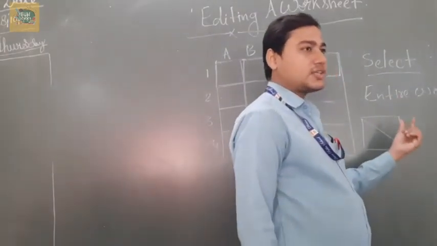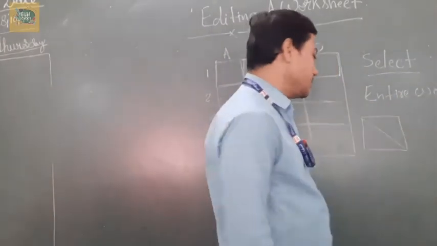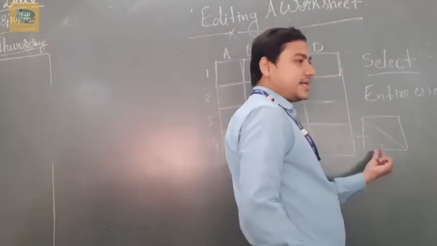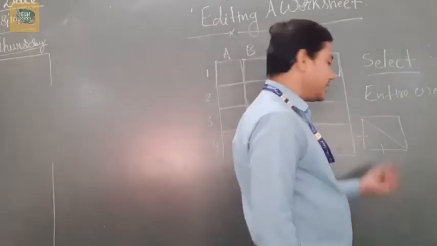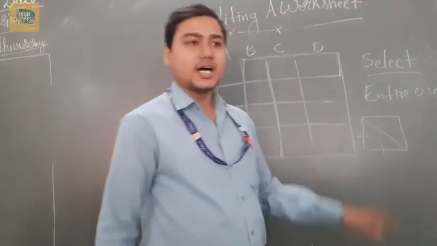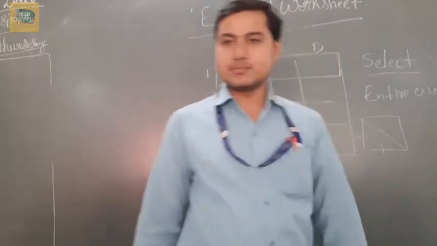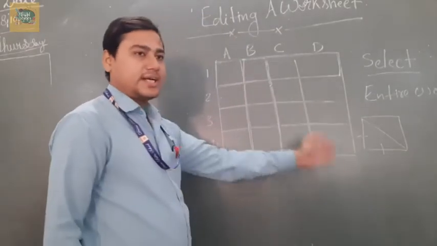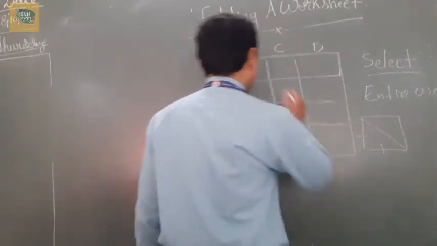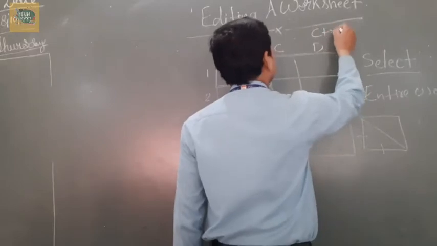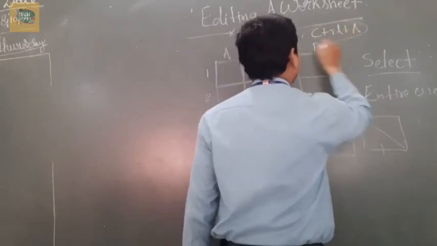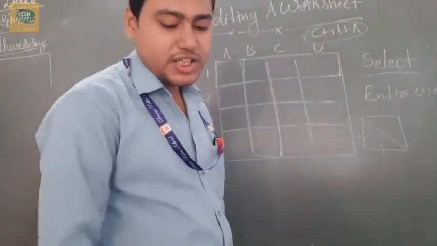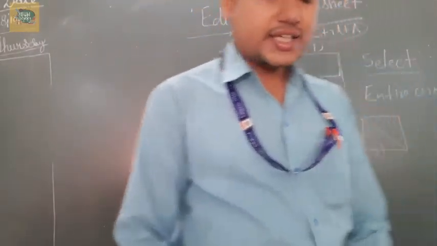Adjacent sides are this side and this side, and the non-adjacent side is called the diagonal. So if you drag our mouse cursor diagonally, you can select the entire worksheet. Otherwise, you can also use a shortcut key, which is Control plus A. This way, you can select your entire worksheet.